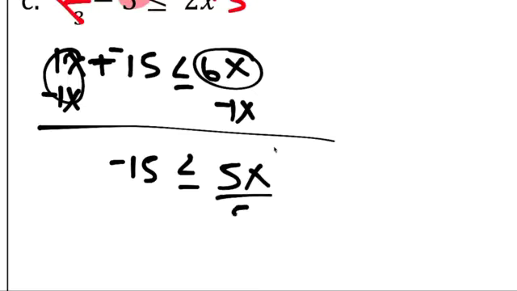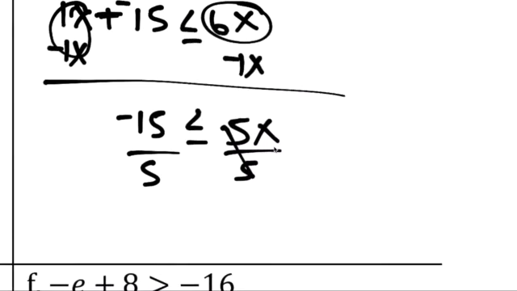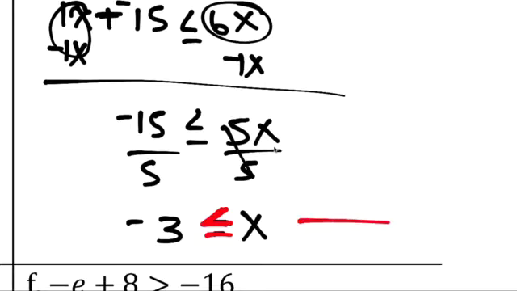Divide by 5, divide by 5, divide last. X is equal to negative 3. Oh, not equal to. Negative 3 is smaller than, or equal to, so this equal to right here.